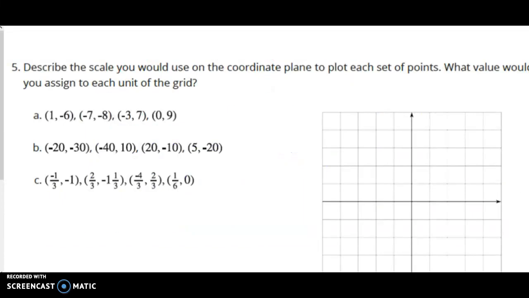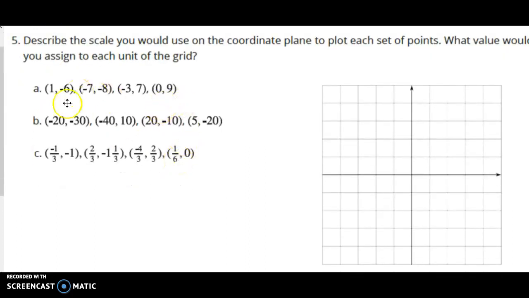5. Describe the scale you would use on the coordinate plane to plot each set of points. What value would you assign to each unit of the grid? Okay, so this is actually review. What we would do is we're not going to actually plot all these points.